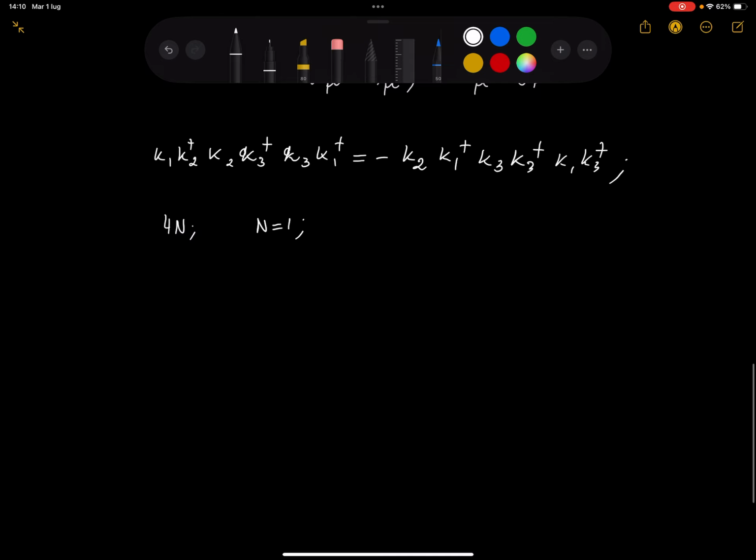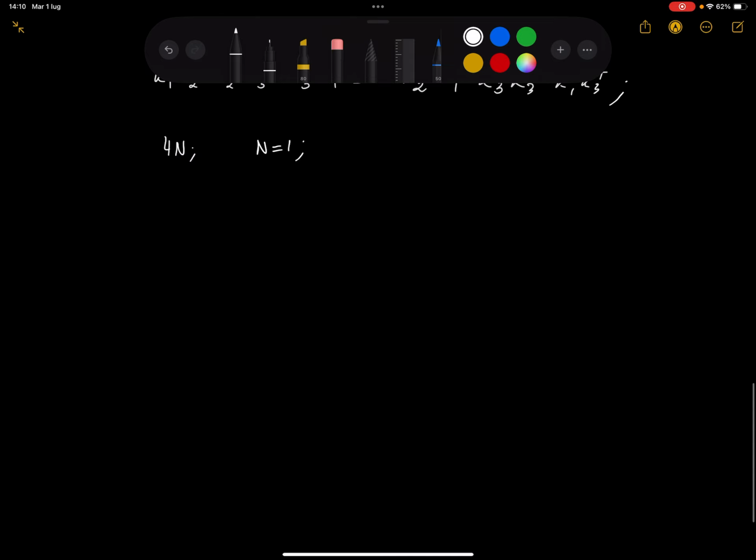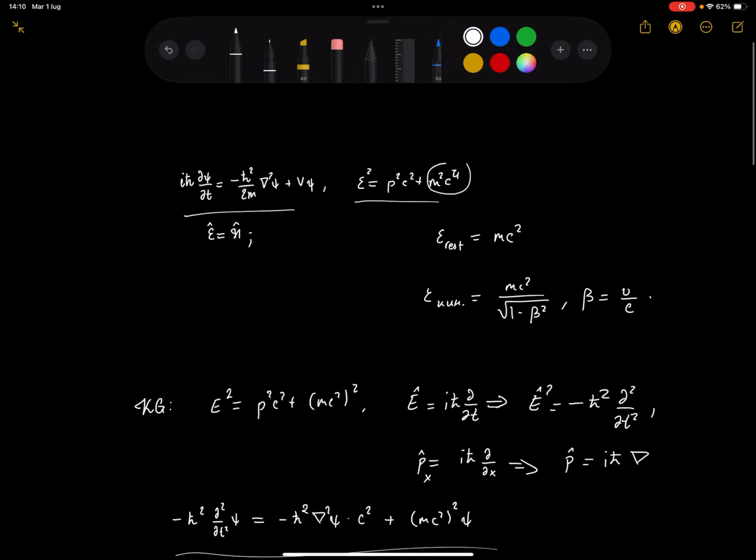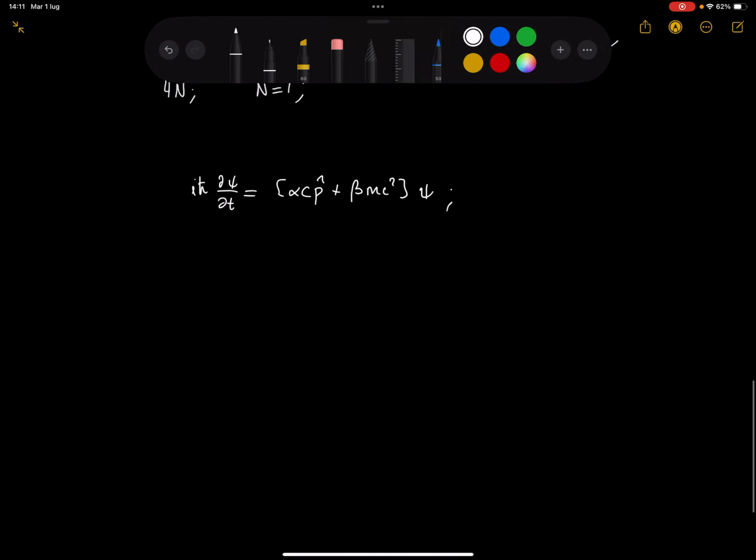So if we are operating in space-time with 4 coordinates, 3 coordinates of space and 1 coordinate of time, we have the relationship that the Schrödinger equation basically turned to be this plus beta mc squared psi, right? We will not dive into the spin or formalism for now, because for now it is not relevant, right? For the goal of deriving the equation itself, because it can be done without spinors, right?